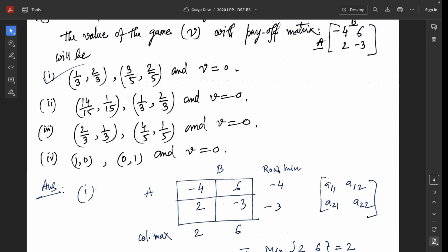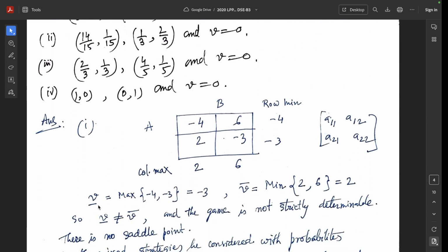First we find the row minimum. For the first row, -4 and 6, the row minimum is -4, and the row minimum for the second row is -3. The column maximum for the first column is 2, and for the second column it is 6.